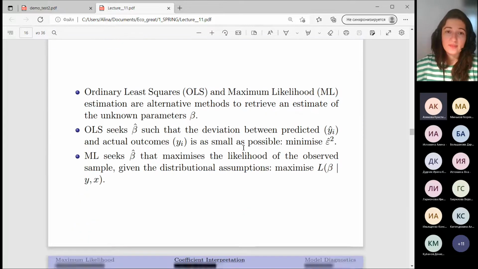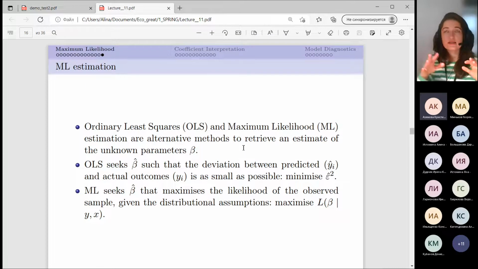What else? Let's summarize the difference between ordinary least squares and the maximum likelihood method. These are not alternative methods, but just two different methods of how we can estimate the unknown parameters, beta, in our regressions.